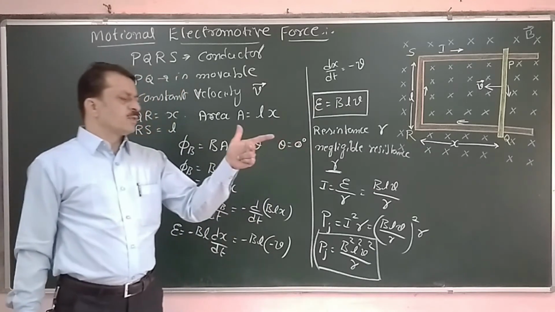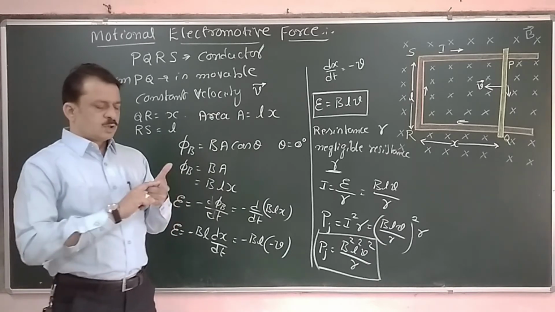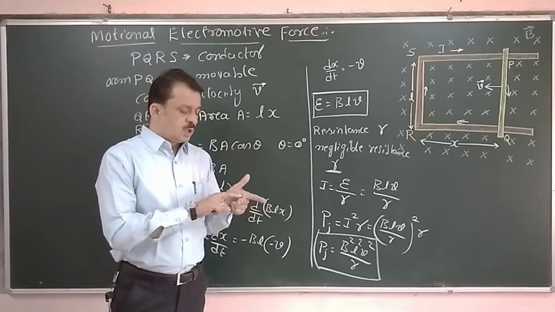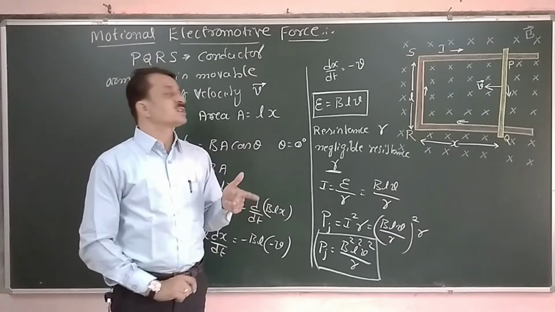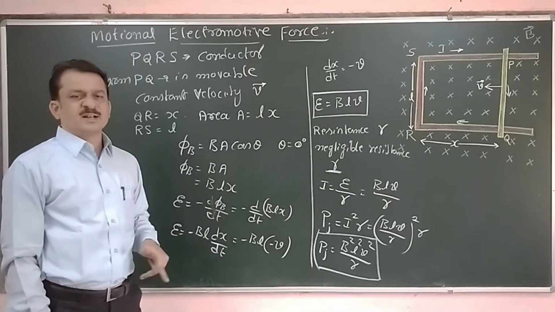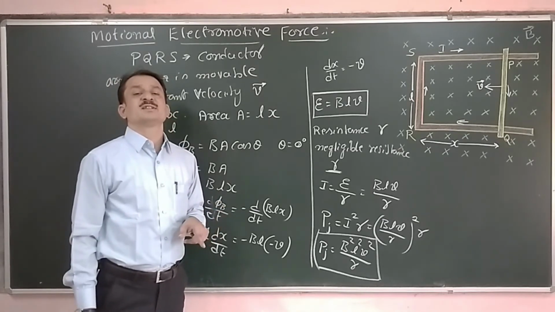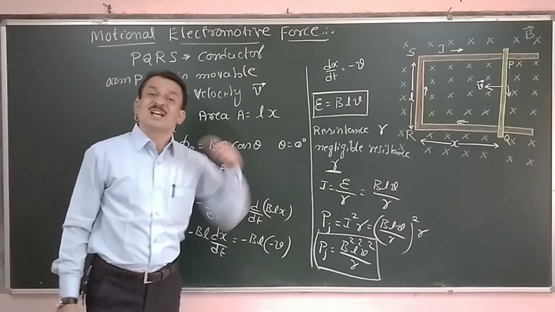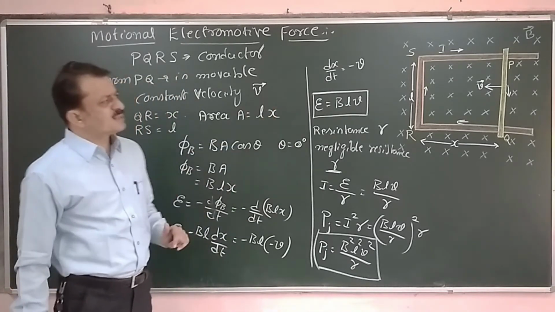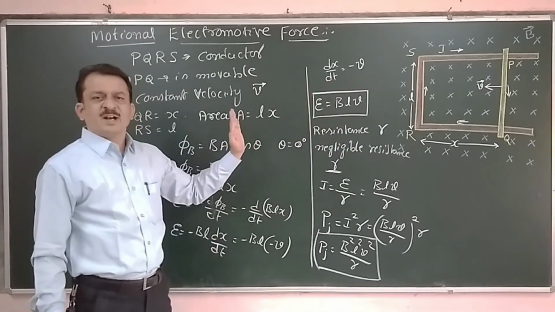If the first three fingers are stretched mutually perpendicular to each other, the forefinger indicates the direction of the magnetic field, the middle finger indicates the direction of flow of current, here the charges, and the extended thumb indicates the direction of the force experienced by the current carrying conductor. Now here, the arm PQ is moving inward.